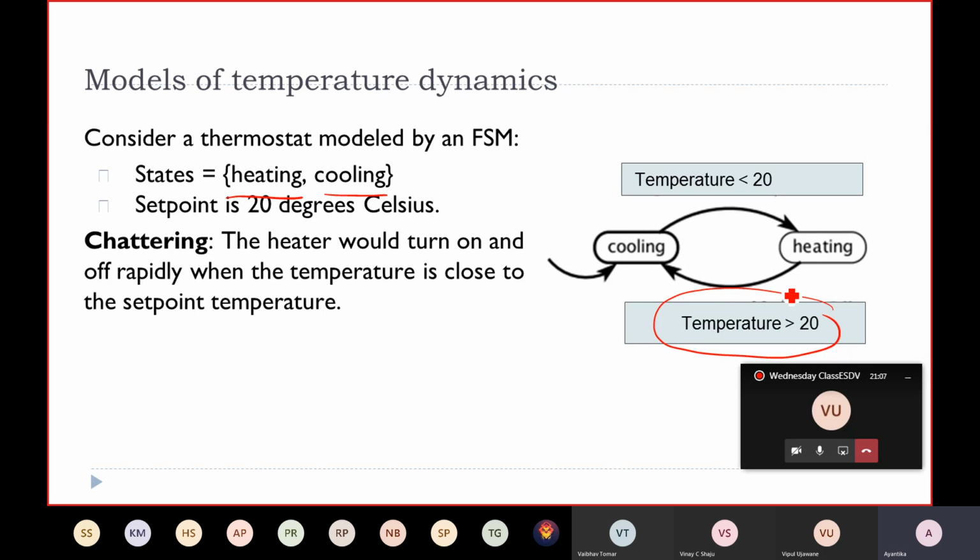Now, when we define the transition conditions in such a straightforward way, what happens? There will be continuous transition. Maybe there is a possibility that when the temperature is close to the set point temperature, the heater will continuously turn on and off. There is a rapid change of states.